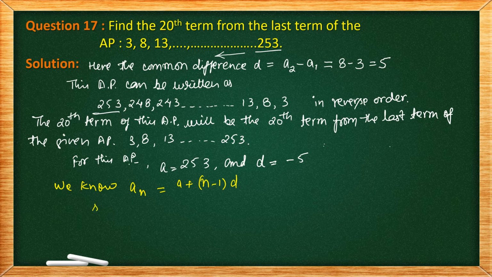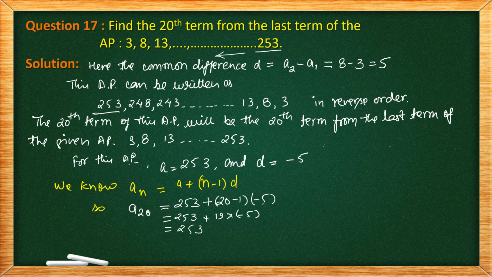So the 20th term A20 is equal to 253 plus 20 minus 1 into D, which is minus 5, and this is equal to 253 plus 19 into minus 5. We will have 253 minus 95 and this is equal to 158.